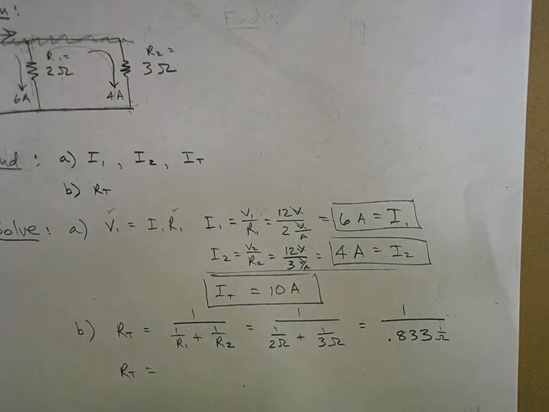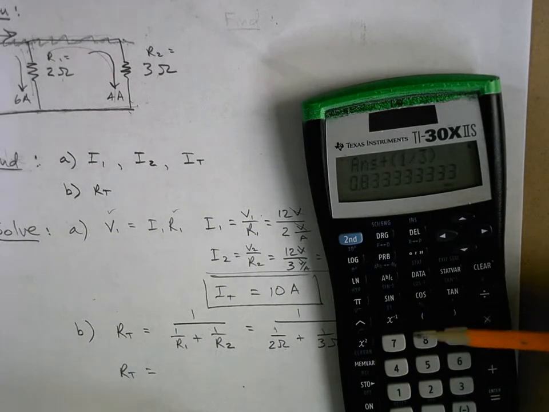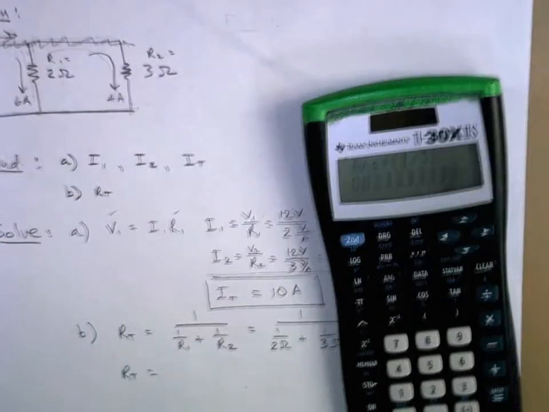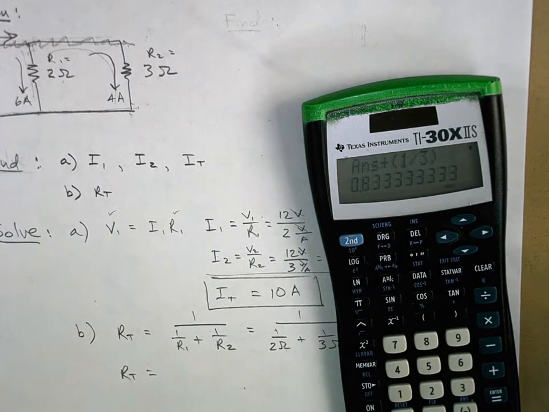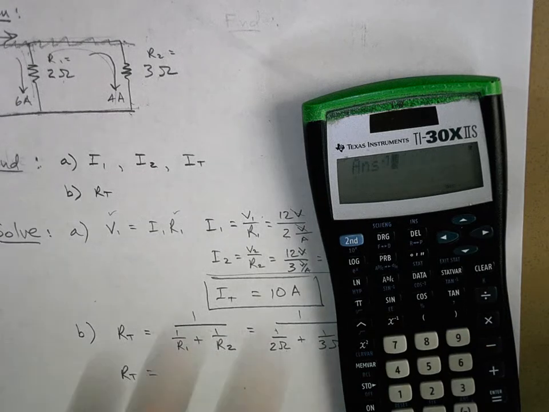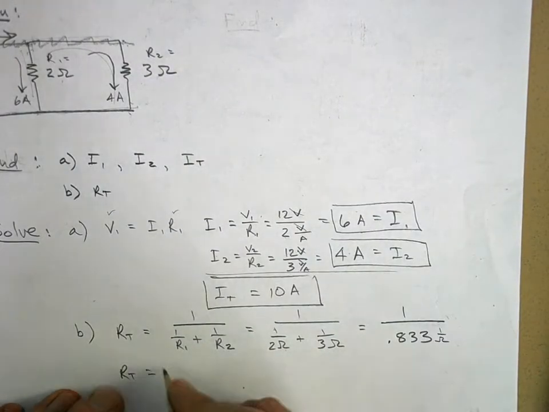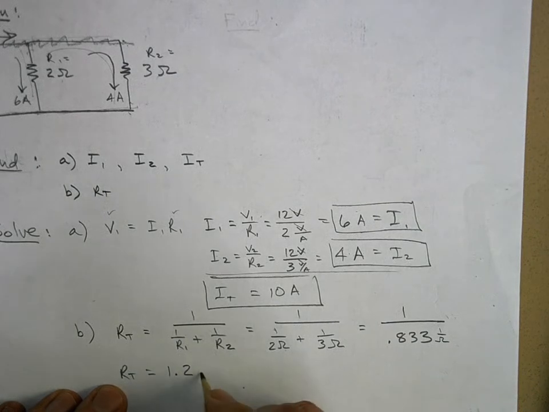So I'm just going to take that number and hit the, look, here's the reciprocal button on my calculator. Let's turn the light on, maybe get a better view of it. Right here. So I push that button, and I get 1.2. 1.2 ohms.